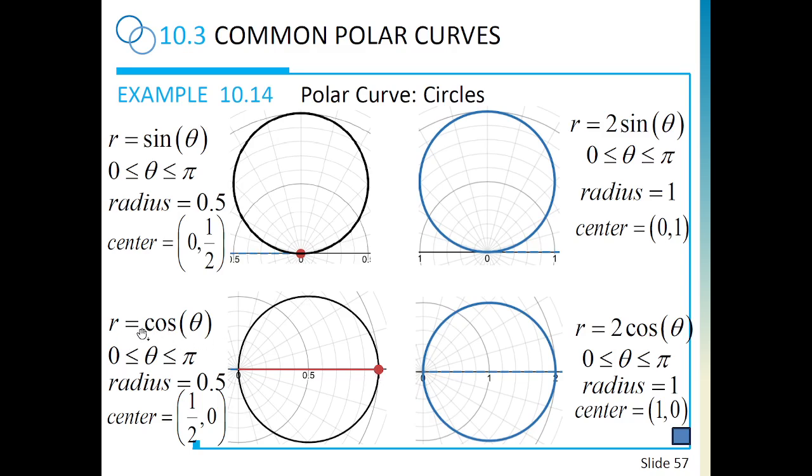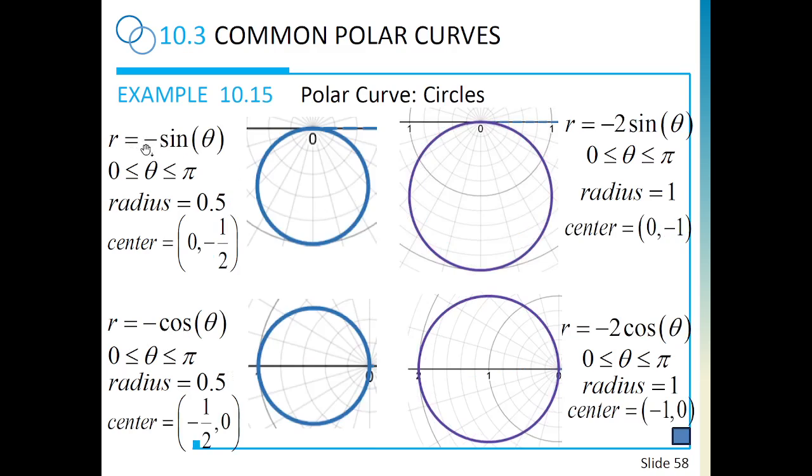Here is 1, so half is 0.5, so that's the radius. r equal 2 cosine theta, the radius is half of the number, so it's 1. Cosine at 0 is 1, times 2 is 2, so we start here. So you see the circles with sine are on the y-axis. Circles with cosine are on the x-axis.